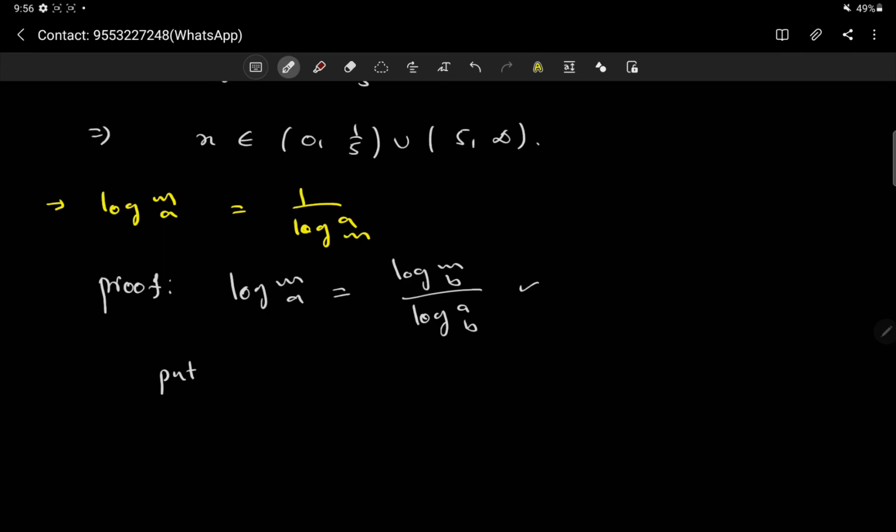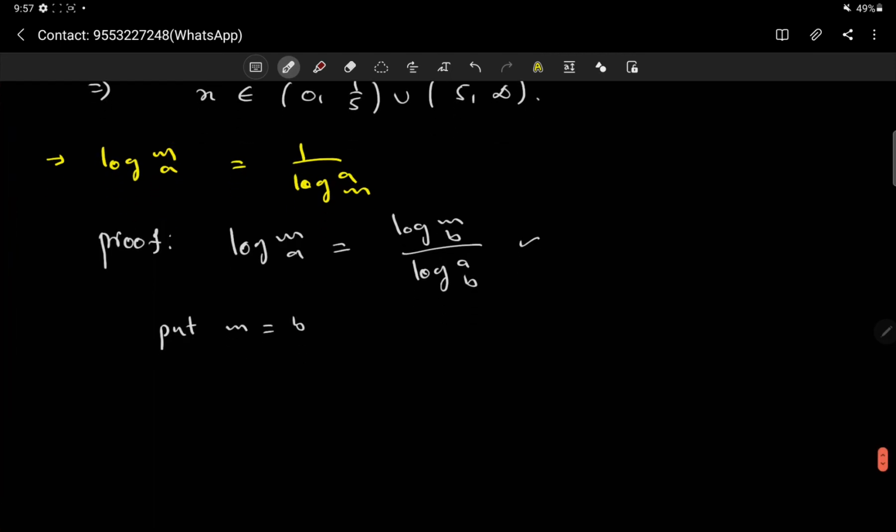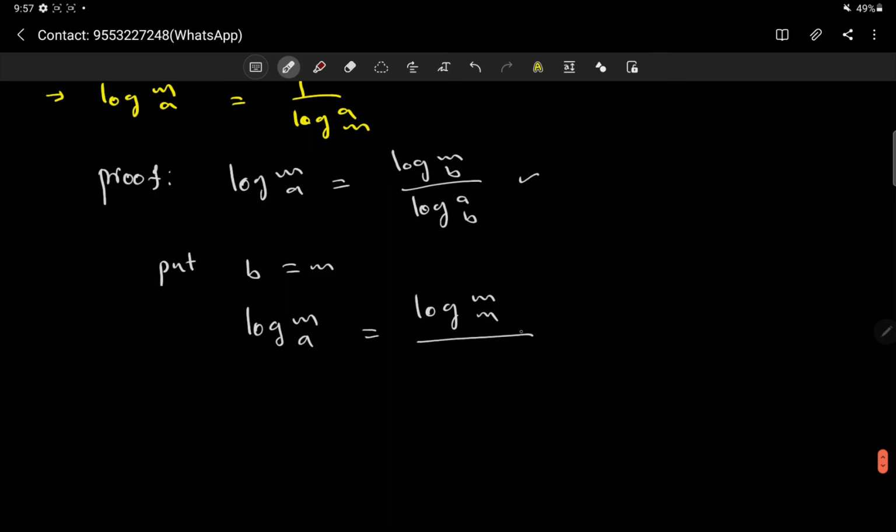Okay, m is equal to b on both sides. We are substituting b is equal to m on both sides, then we get log m base a is equal to log, in place of b I am writing m, on both sides.